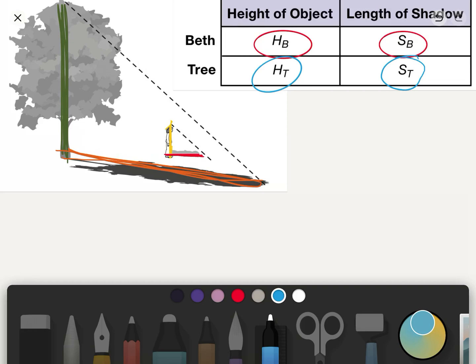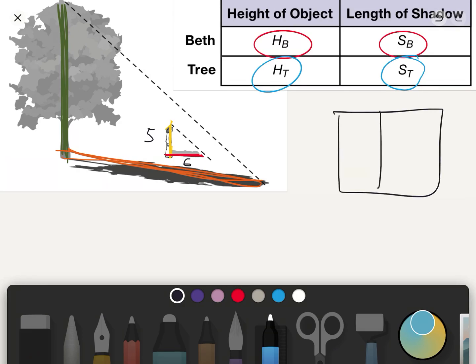Okay, so if Beth measures her height and she knows she's 5 feet tall and the length of her shadow is 6 feet, you're making your own little ratio box here. We'll say 5 and 6.